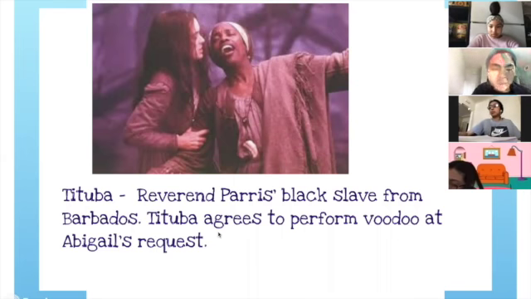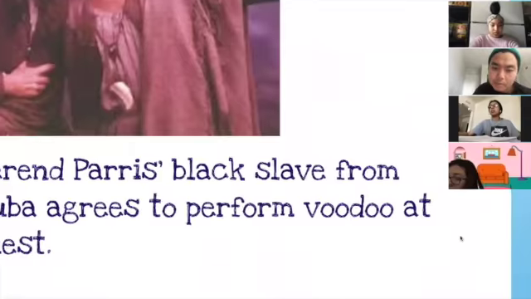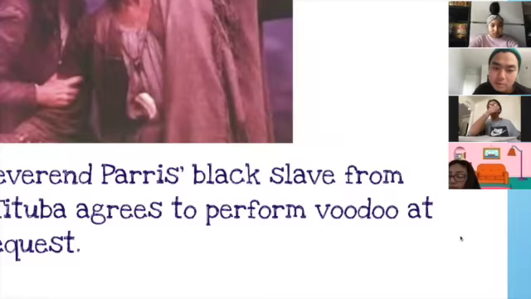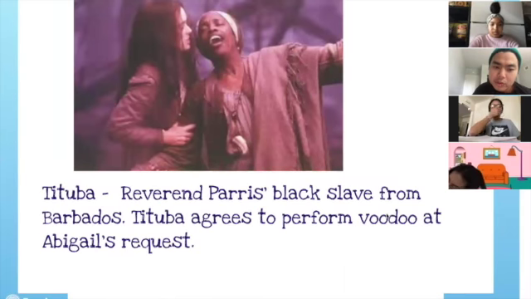Tituba agrees to perform voodoo at Abigail's request. So before the play starts, we find out 2 main facts. One, that there was an affair between Abigail and John Proctor. We know that it happened before the play starts.